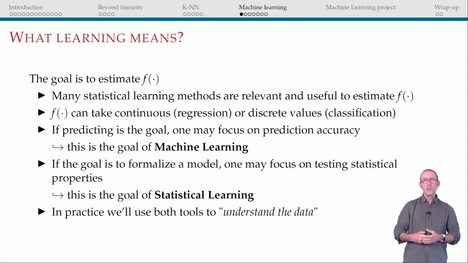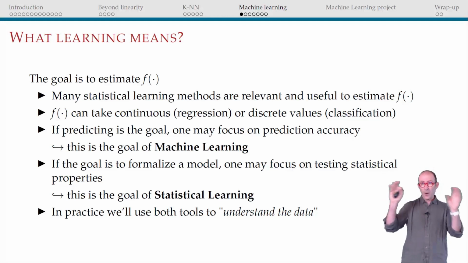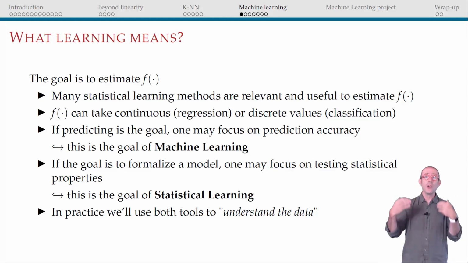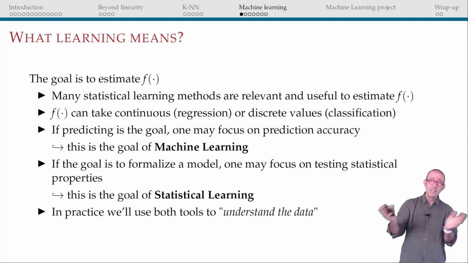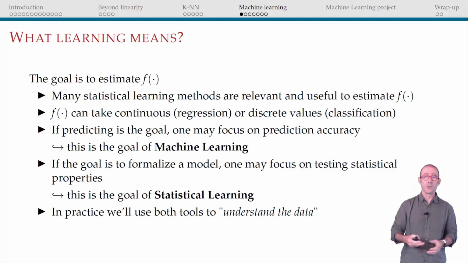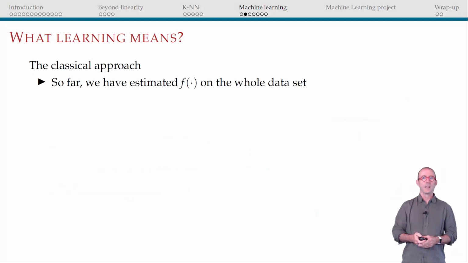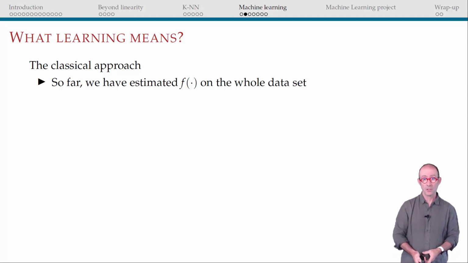In practice, we use both of them to understand the data. You remember that at the beginning of this course, the right definition was we want to understand the data. All the tools and methods to understand the data are part of, depending on the author, these two categories. So far, we have also estimated F on the whole data set. And this is what I call the classical approach.